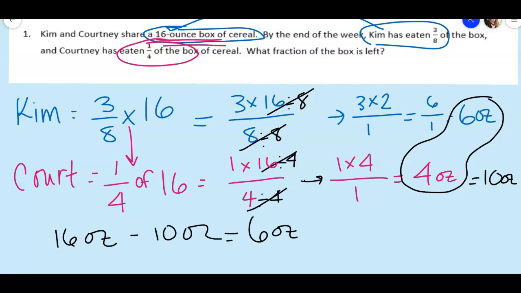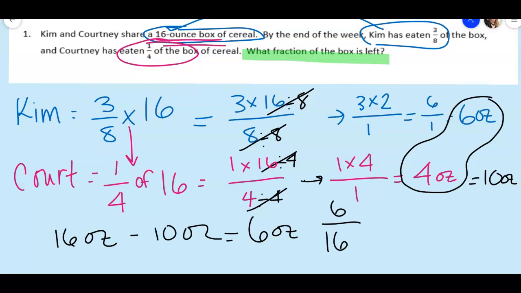The question asks me what fraction of the box is left over, not how many ounces are left over. So 6 out of 16 is the fraction that is left over.